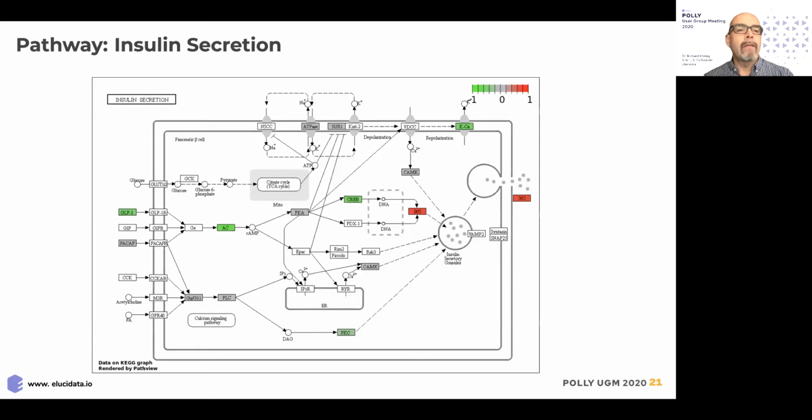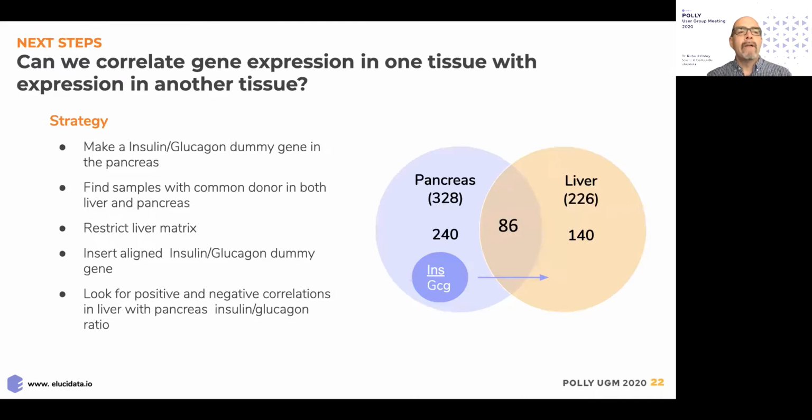And we can look at things like the insulin secretion map and start to get a better sense of what might be correlating with a high insulin to glucagon ratio or an expanded beta cell mass relative to the alpha cell mass.